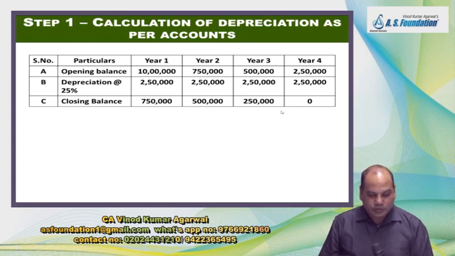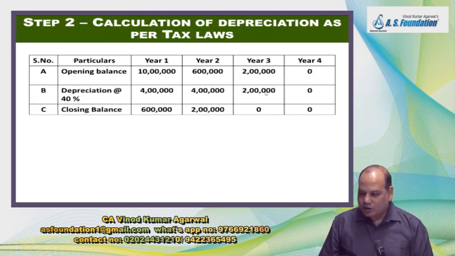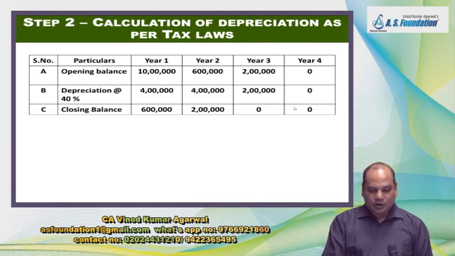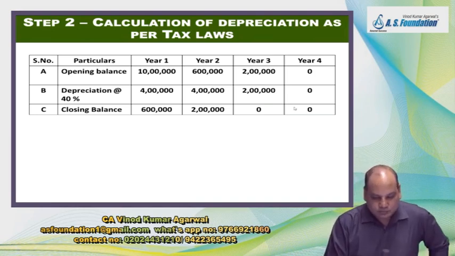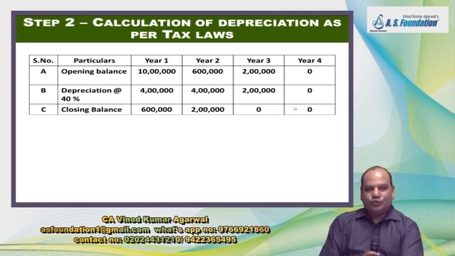Okay, now for income tax purpose, depreciation rate is 40% SLM. 40% SLM means in the first and second year you will deduct 40%, but in the third year you can only deduct whatever is remaining, and in the last year no deduction. Whatever is given, solve accordingly. So write down step 2, depreciation as per tax laws.